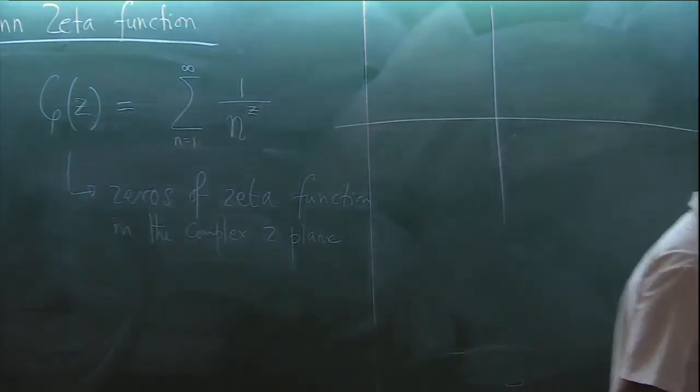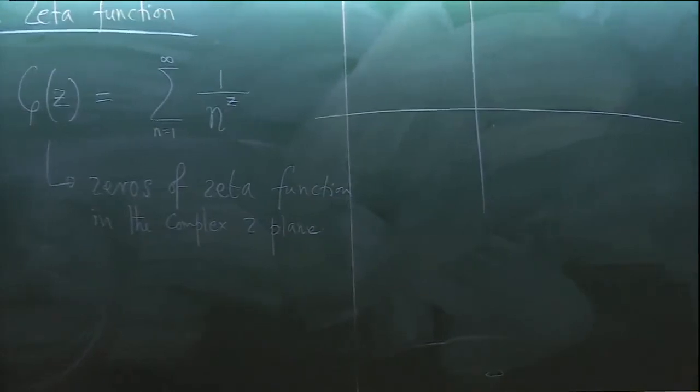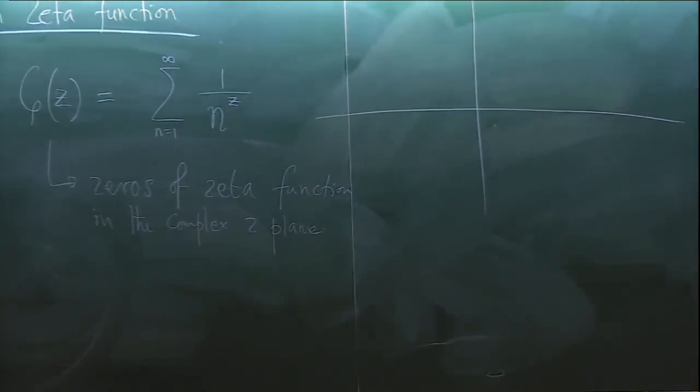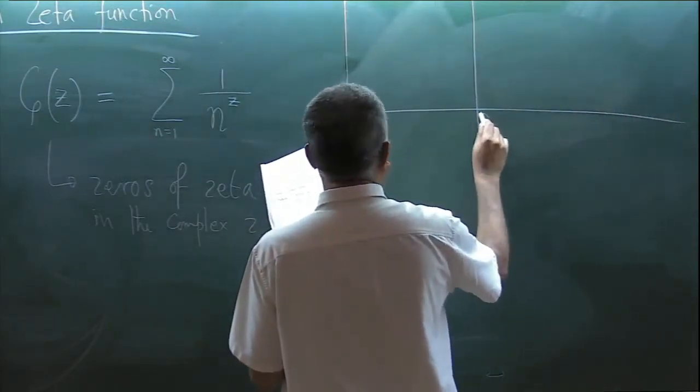Okay. So there are some trivial zeros on the... Okay. So this is the z plane. This is 0 here.